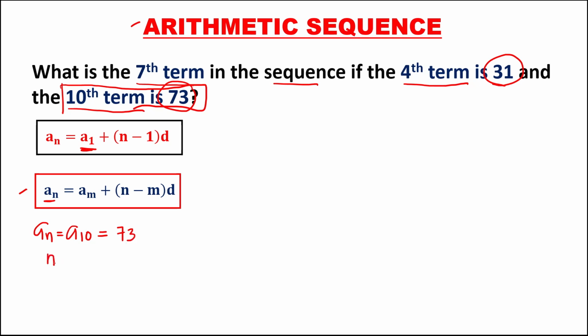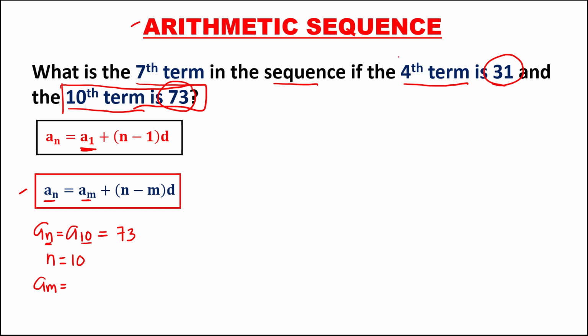So therefore, since a sub n is equal to a sub 10, n is equal to 10. Then for this a sub m, a sub m is the other term except the last term, because the last term is a sub n.